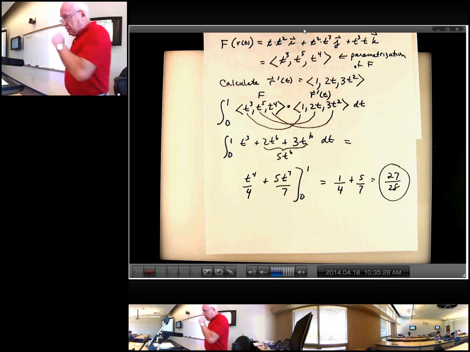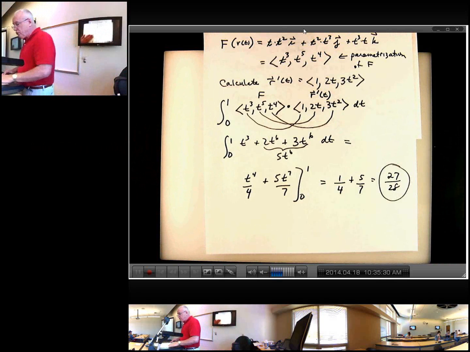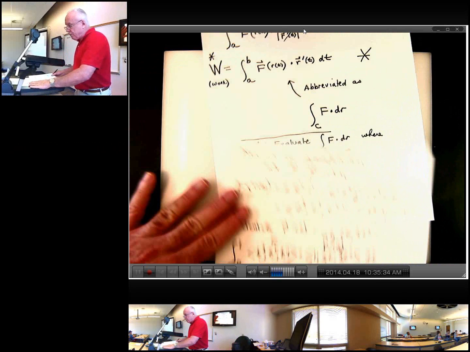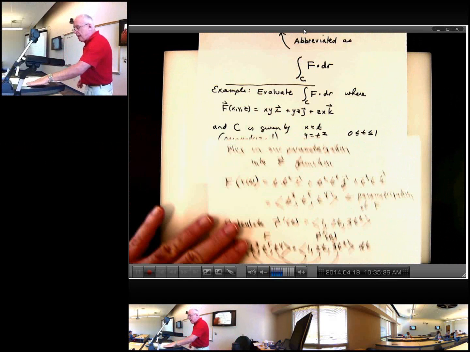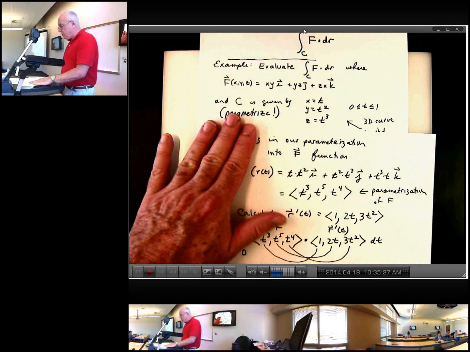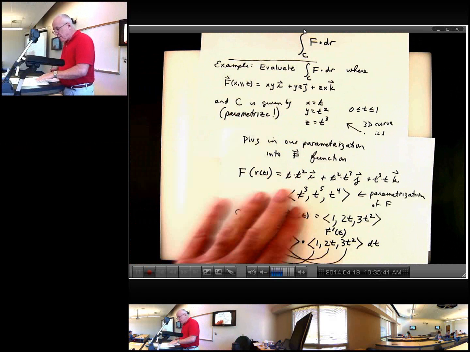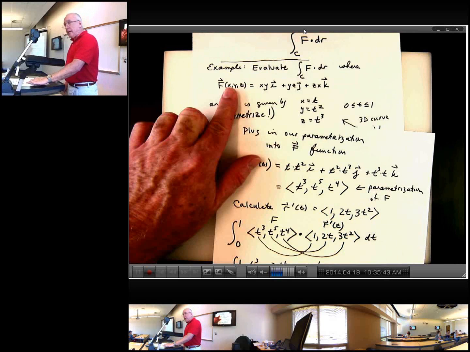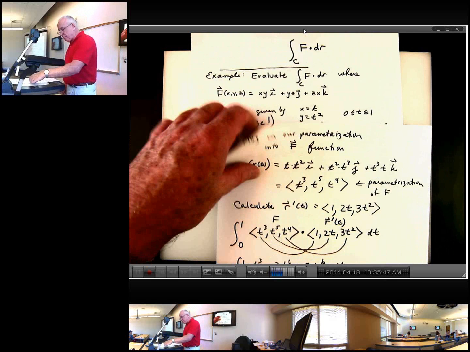So this is the general process here of doing these work problems. We've got to have our parameterization of the curve. We have to plug that parameterization into the given force vector that we're provided with.